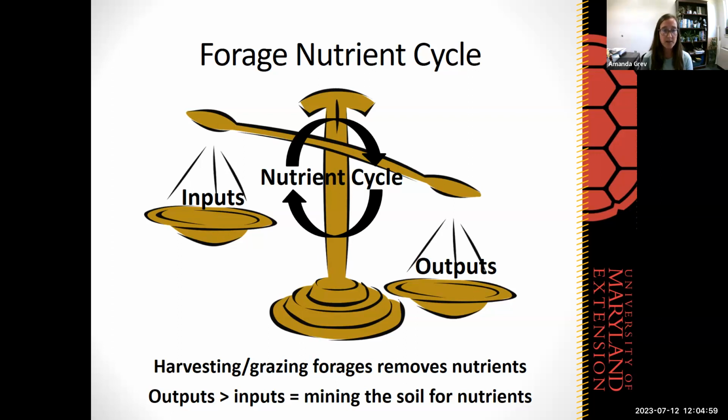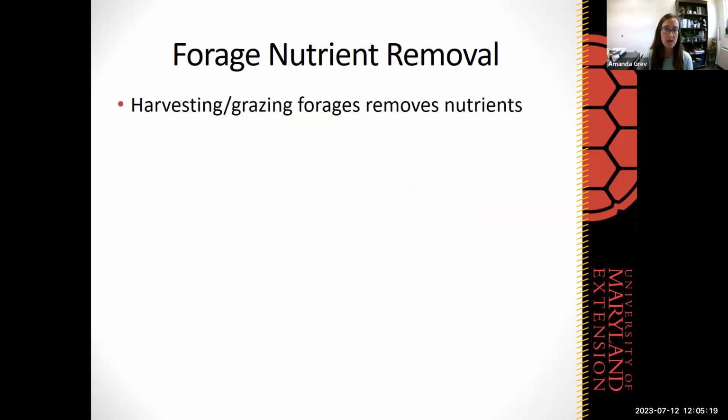And while we can continue to do this for a short time and might not see a huge impact of that, over time we're going to start seeing decreased productivity, decreased resistance of that stand, et cetera, et cetera. So that's the system that we want to avoid. We want to keep that nutrient cycle in balance.